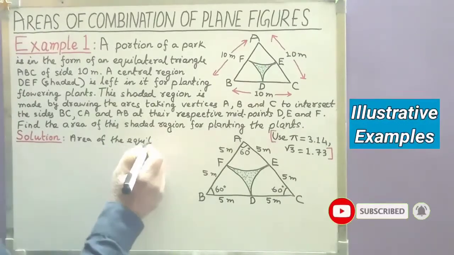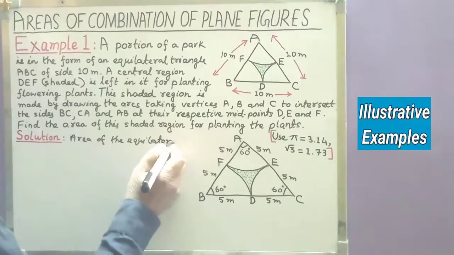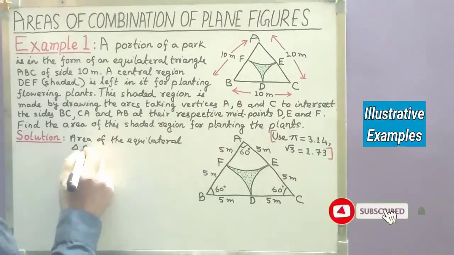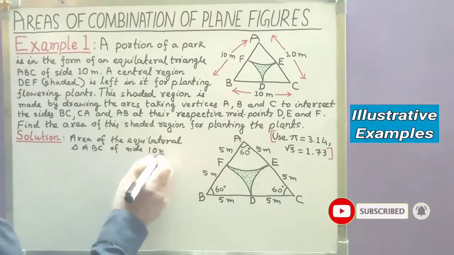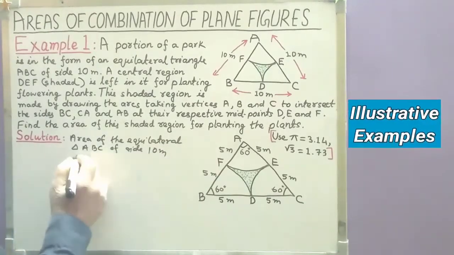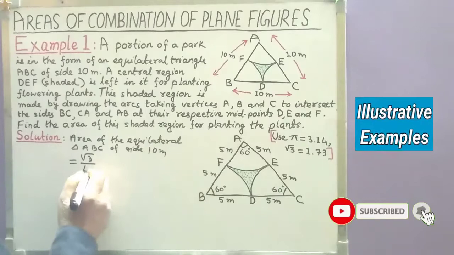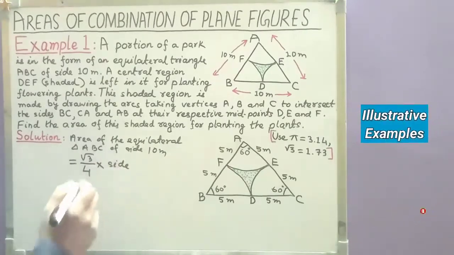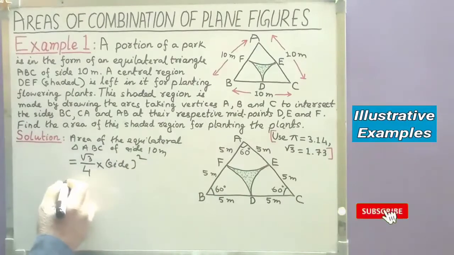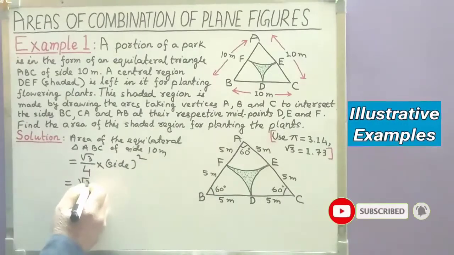Area of the equilateral triangle ABC of side 10 meter is equal to root 3 by 4 into side square. This is the formula for the area of an equilateral triangle.